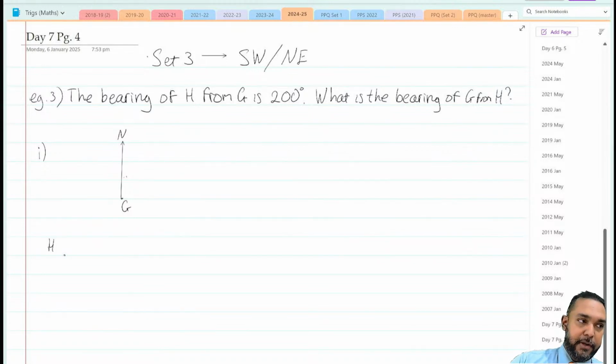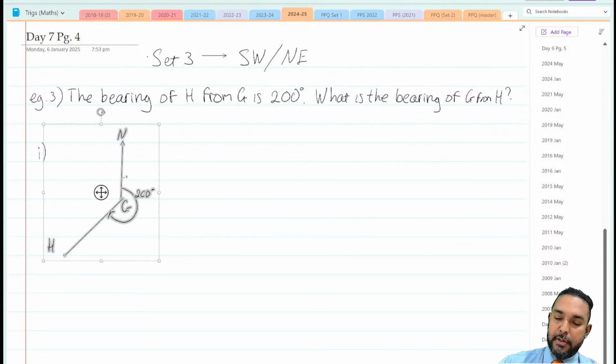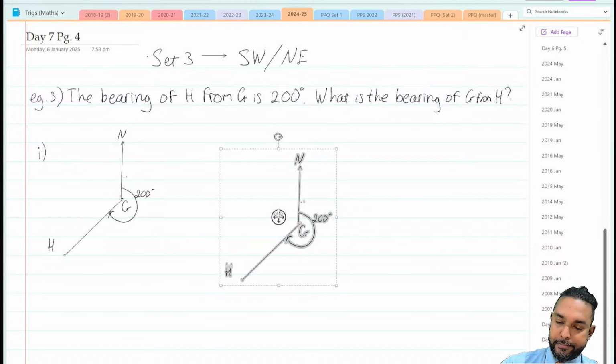Let's put H there. I will connect it and we'll put 200 degrees. Okay, so we're going to do the usual thing. Let's copy and paste the diagram.